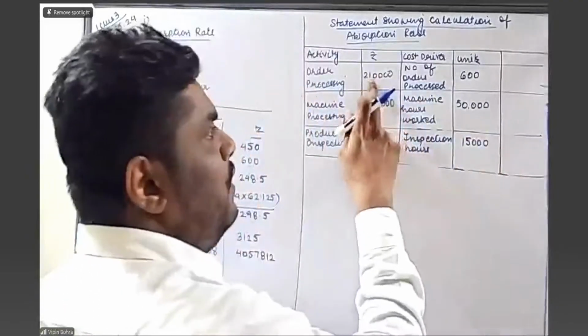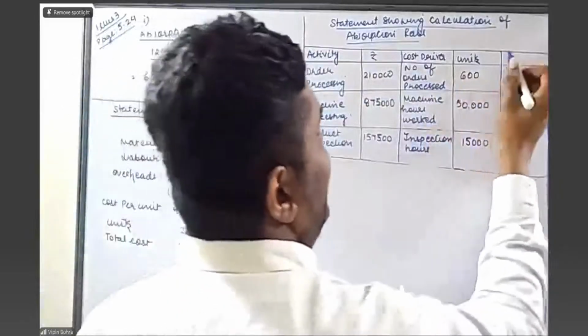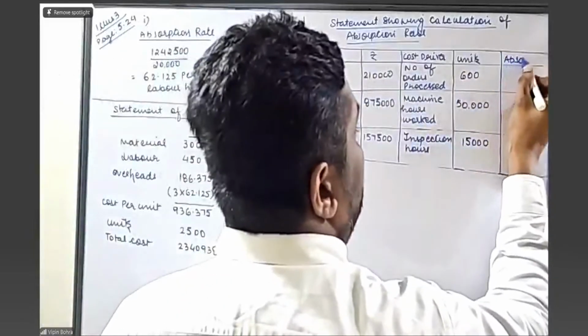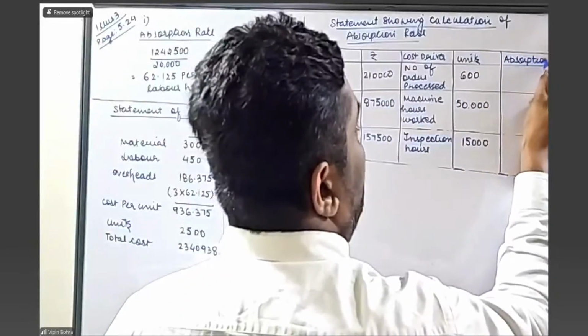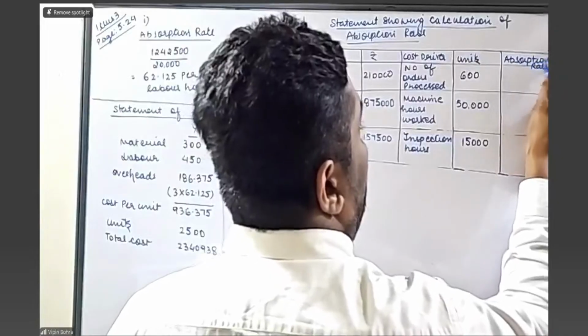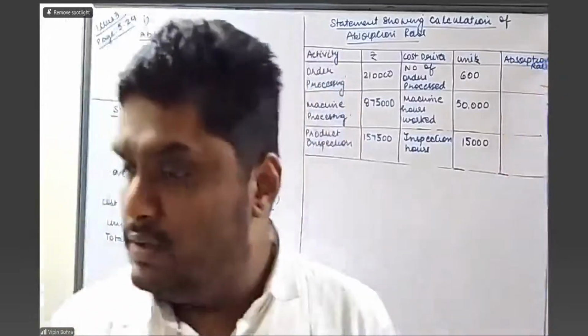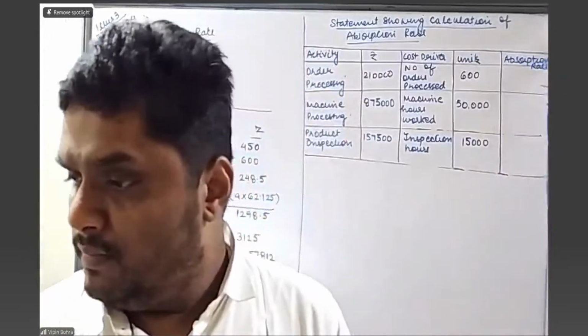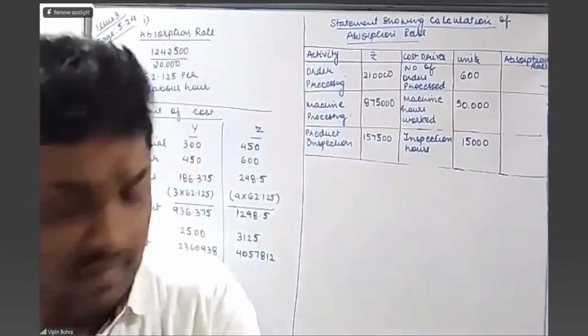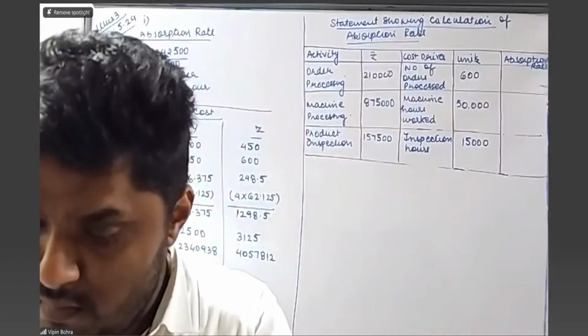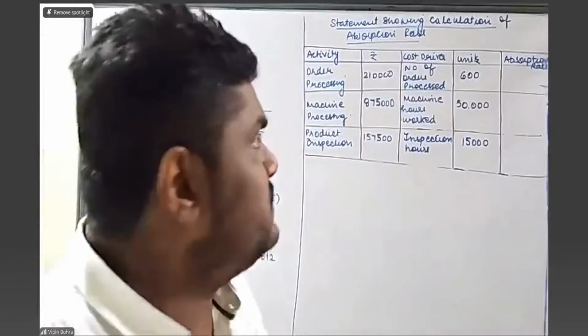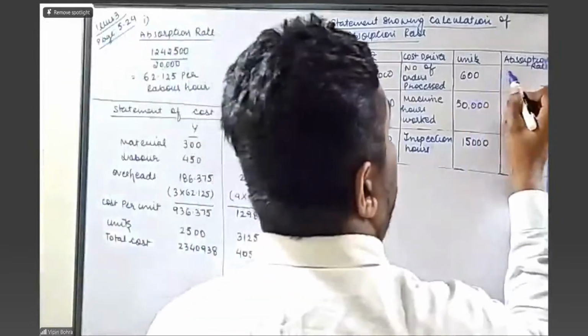So we have the amount, we have the units, we can calculate the absorption rate. So 2,10,000 divided by 600, this will be 350 per order.